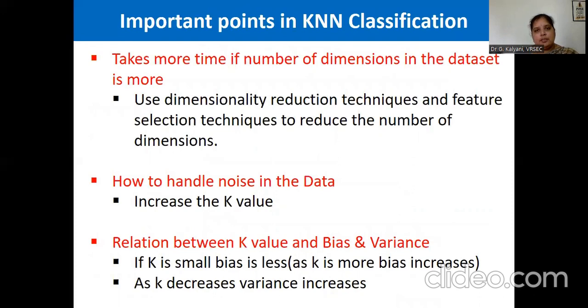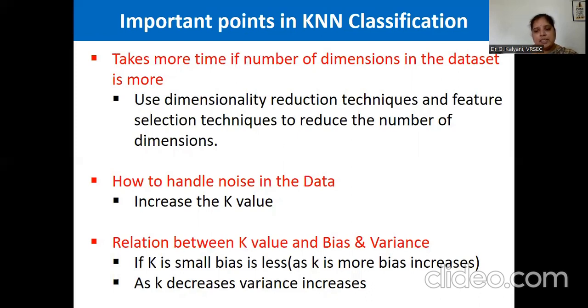Finally, what are the important points that we need to remember for KNN classification? It takes more time if your data set is large. That's why if your data set is large and you want to go for the KNN algorithm, then you need to reduce the number of dimensions by applying some dimensionality reduction or feature selection techniques.